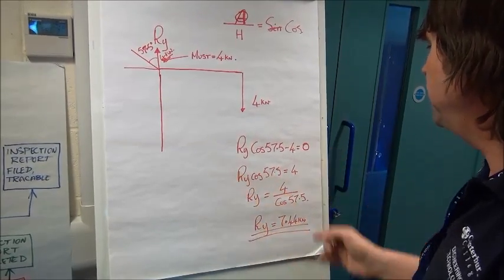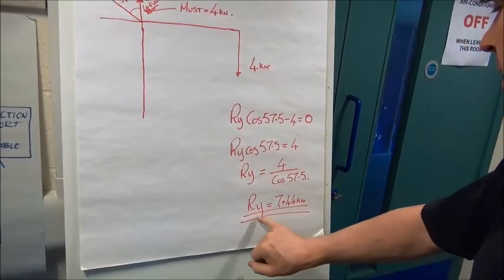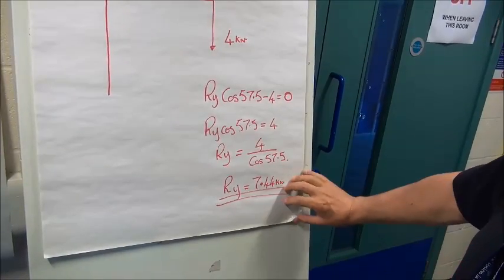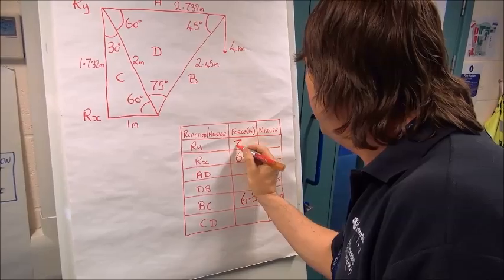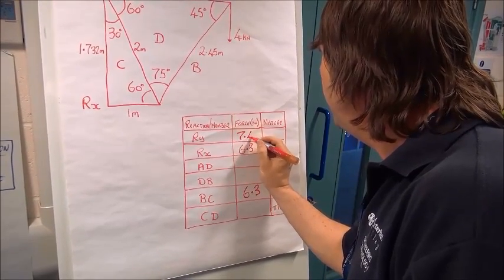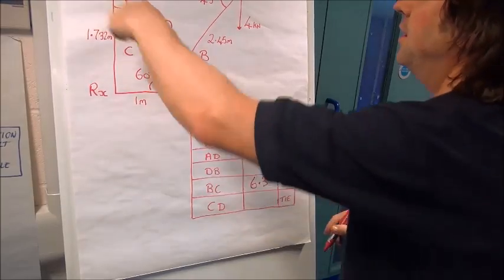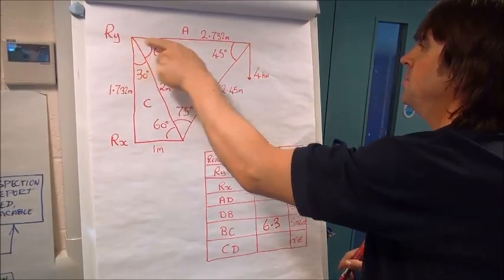That's vertical components must equal 0 for balance. And when we transpose all of that, we end up with Ry equal to 7.44 kilonewtons. We've just worked out then that the reaction Ry is 7.44 kilonewtons and it's acting at an angle of 32.5 degrees to the horizontal there.